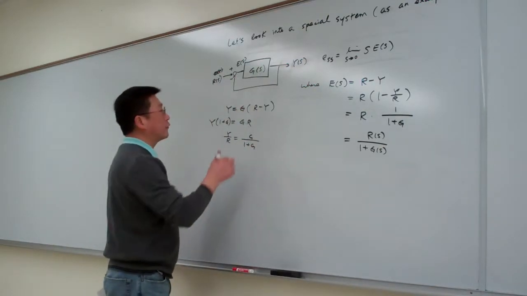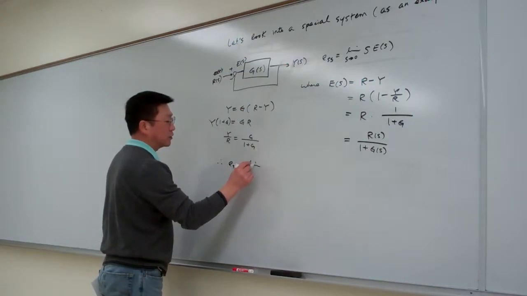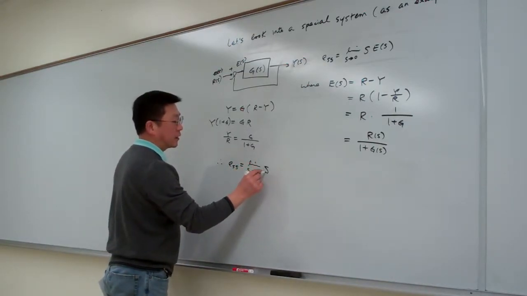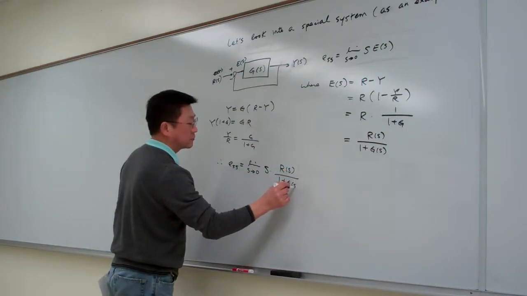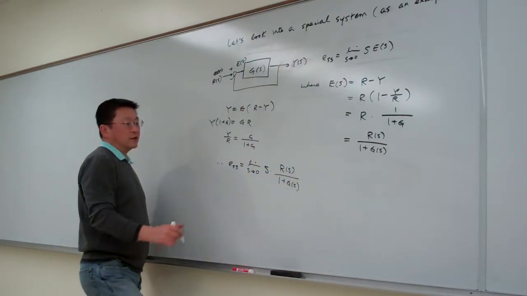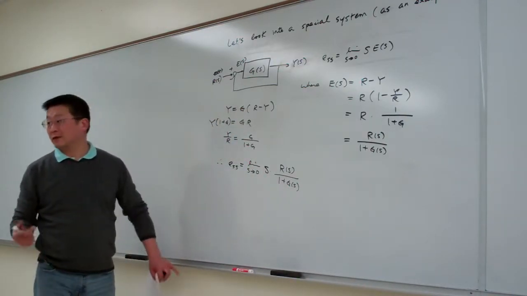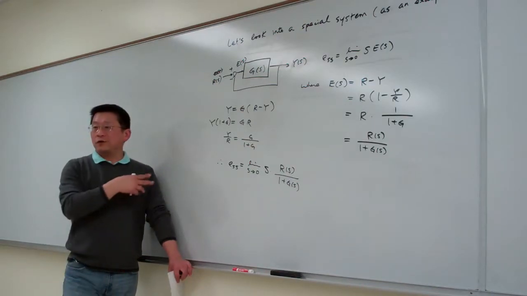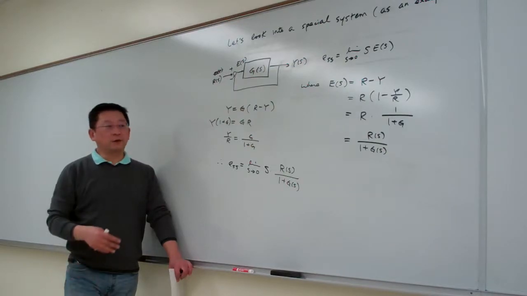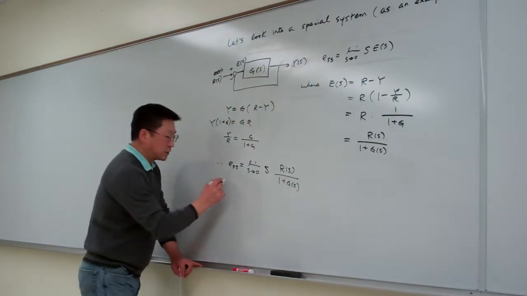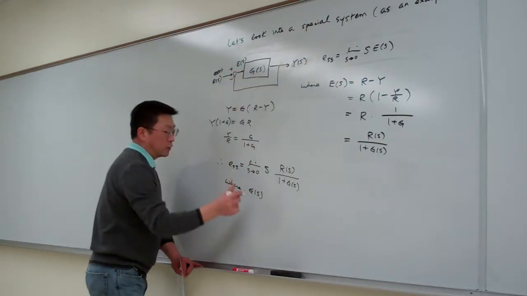Okay, so therefore for this case, e_ss we simply put into this formula: s times R(s) over (1 plus G(s)). Again, this calculation is for this particular system. If you know the procedure, you can apply the same steps to other general systems. Okay, so here I want to emphasize that G(s) is the open loop.